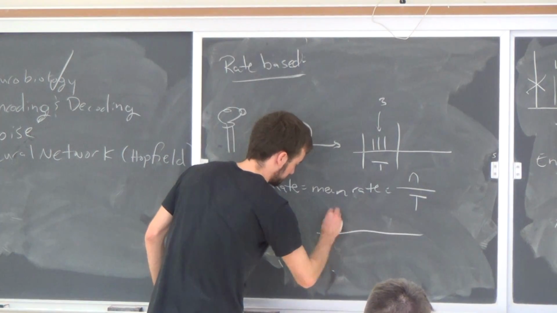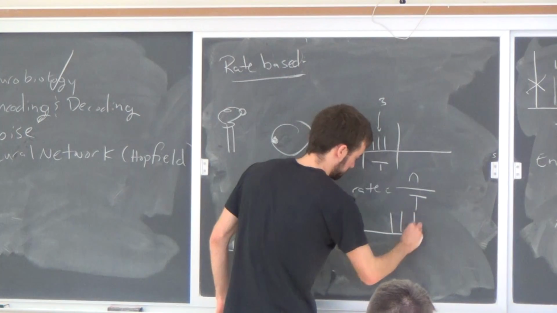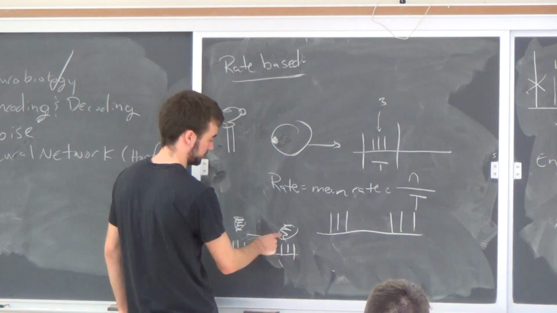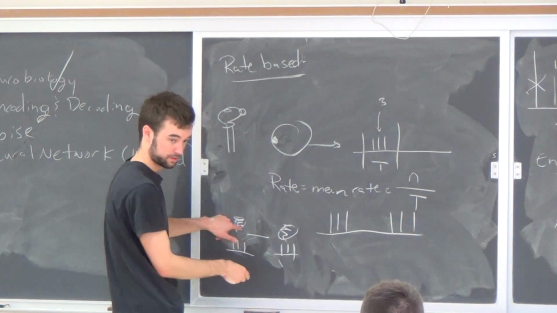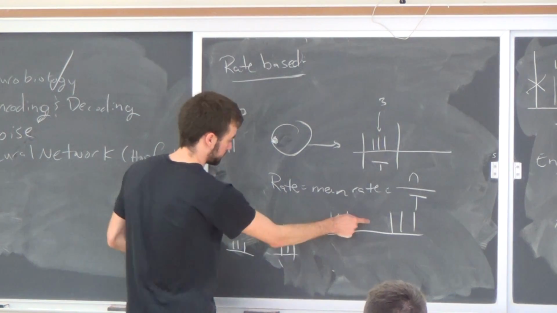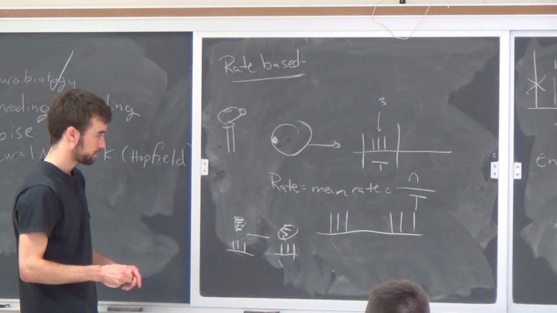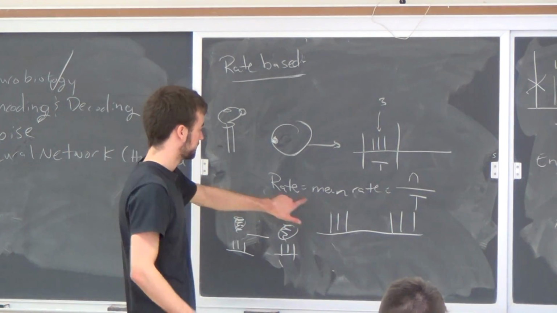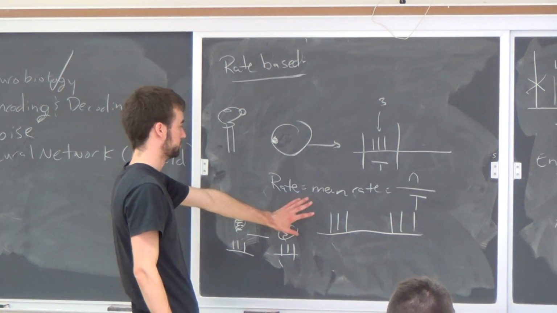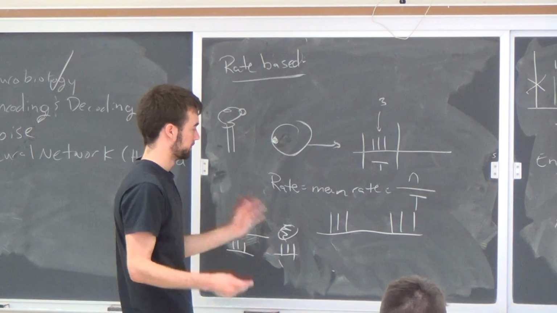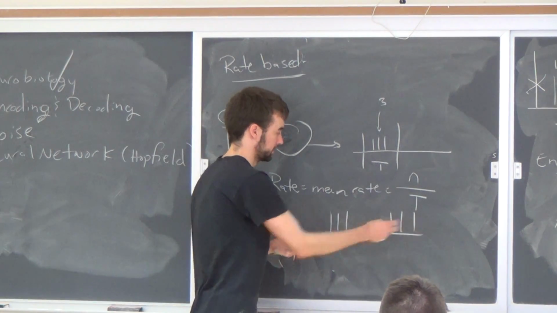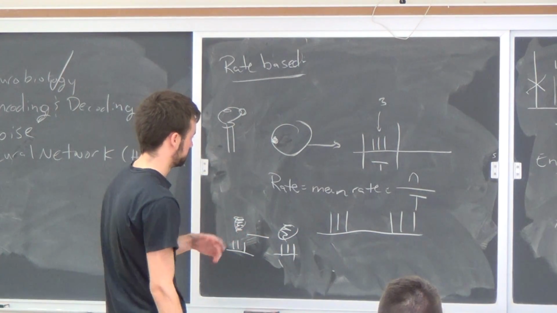Then your spike train would look something like this, where this corresponds to this white circle, this white circle, and this one. The nice thing about this is it's fairly easy to compute if you have this whole spike train, and it's intuitive.